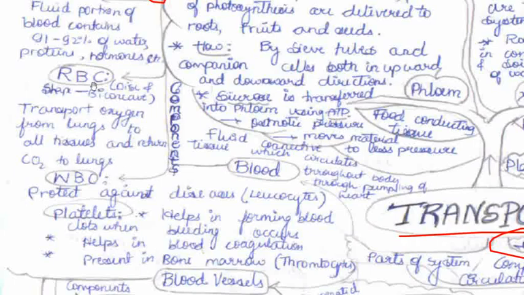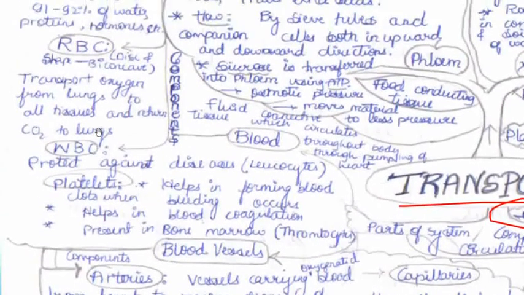So what is the function of RBC? It will transport oxygen from lungs. That means when we respire, the air passes through lungs, as we studied that there are alveoli in the respiration part. It passes through alveoli and blood capillaries and reaches every part of the cells through RBC.